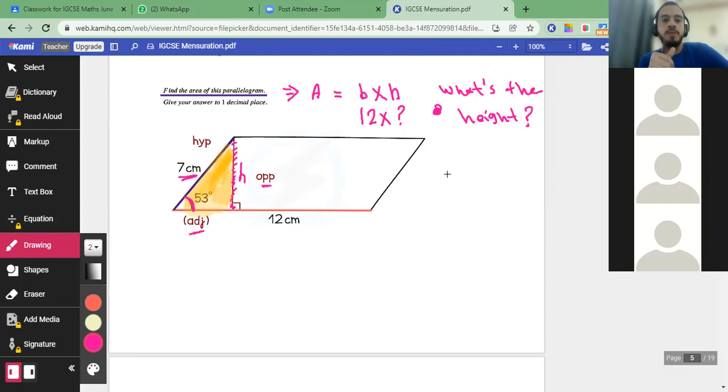You know the hypotenuse and the angle. Okay, we will make it cosine inverse 53 over 70. So you can write cosine 53 equals opposite over hypotenuse. Wait, cosine 53 equals, no, it will be sine. One minute.